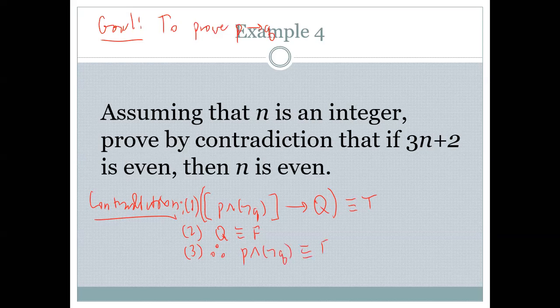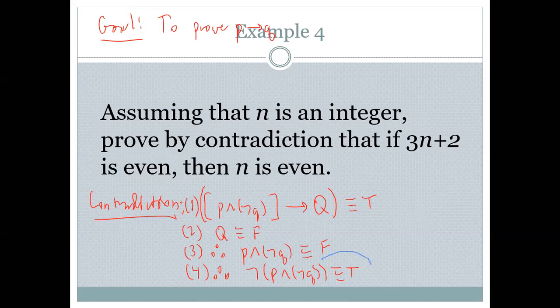P and not Q is equivalent to false. Okay, and so you can say, therefore what? The negation of P and not Q is equivalent to what? If P and not Q was false, the negation of that would be true, right? But let me point this out as a last thing.